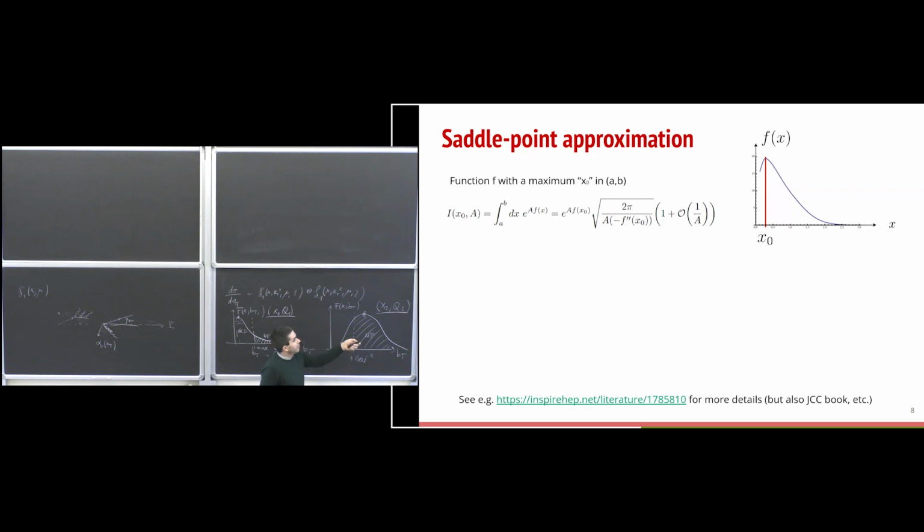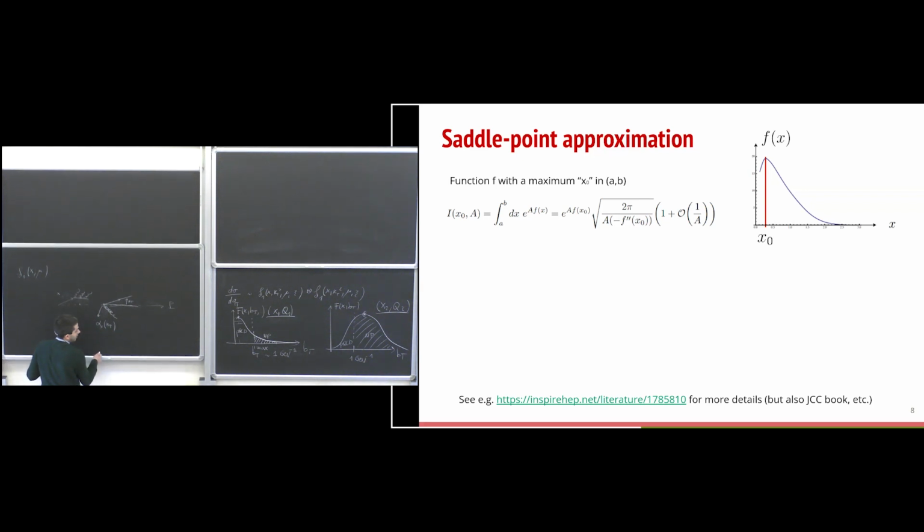So instead of going through the hassle of calculating the integral, you can just take the integrand function and evaluate it at the saddle point plus some factors in front of it. So what we have to do is to try to understand where the saddle point of the TMD PDF is.